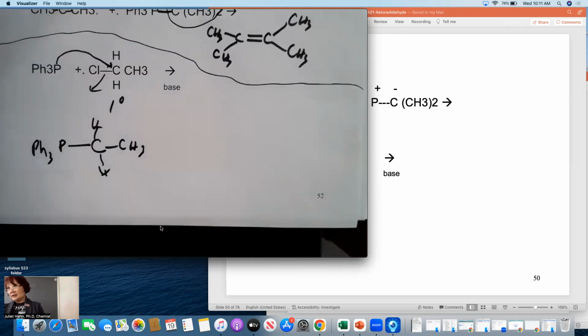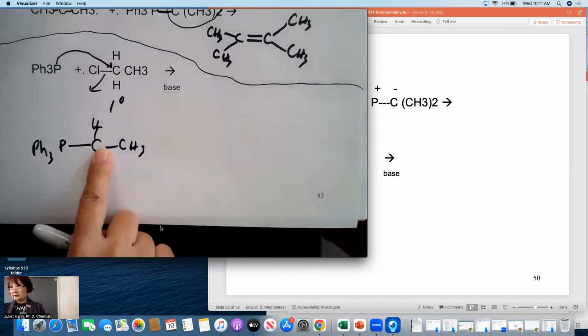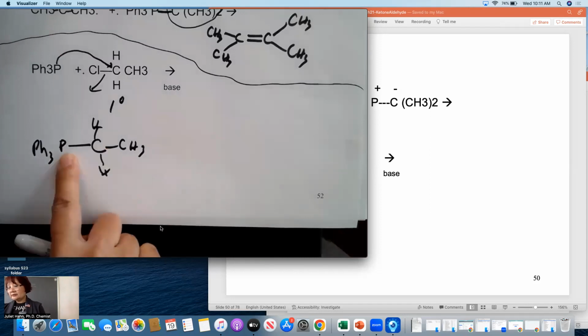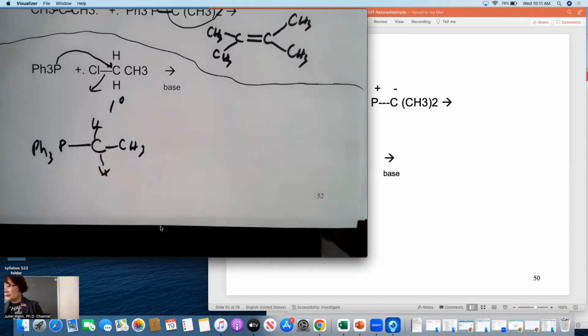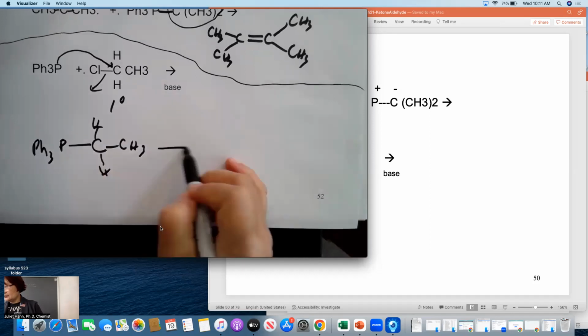All right, so this is not the ylid. For it to be a ylid, you need to have a negative charge on the carbon and a positive charge on the phosphorus. So this is not the ylid. So then you take a base, and this is where our base comes in.